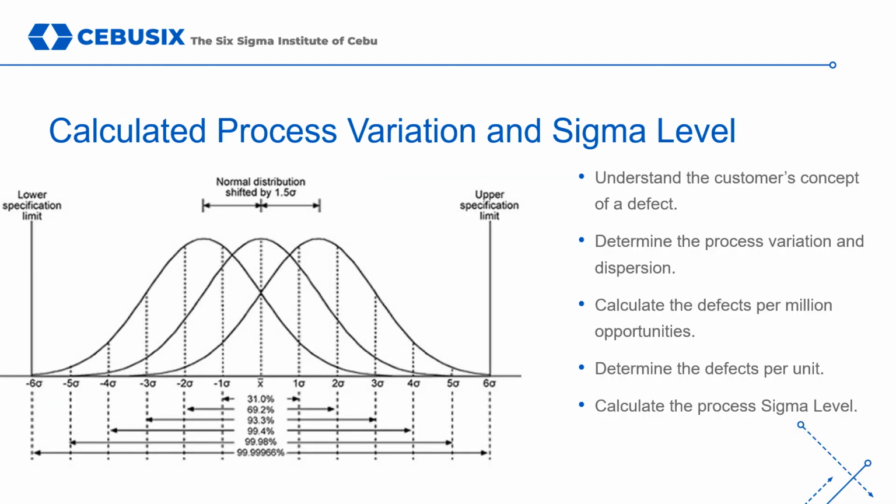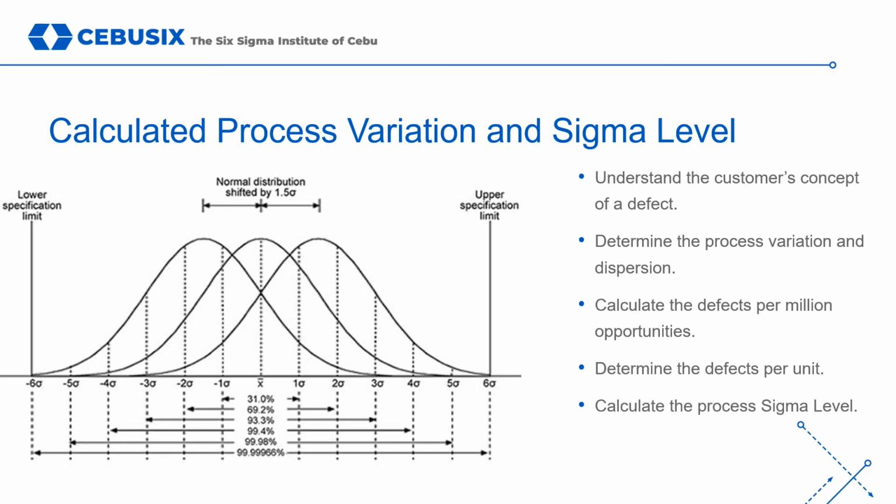While most of the calculations will be dealt with in the analyze phase, there are some things that need to be determined by the end of the measurement phase. We will need to calculate the process variation and sigma level in preparation for the analyze phase. We also have come to understand the customer's concept of a defect, so we can determine the metrics needed to define success.